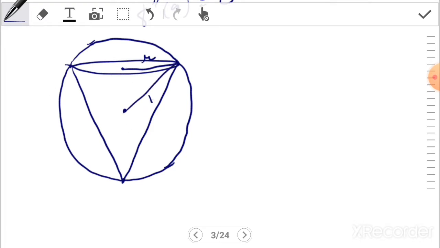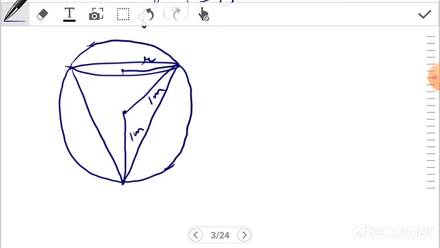This is given as 1 meter, and this is also 1 meter. Let's say the total height is h, so this will be h minus 1.